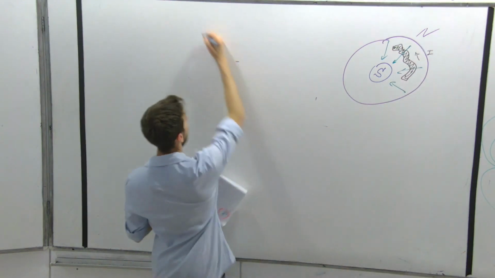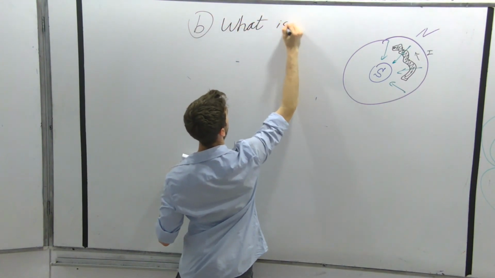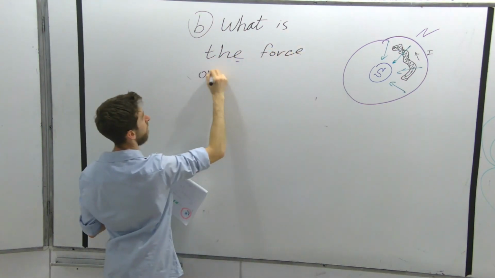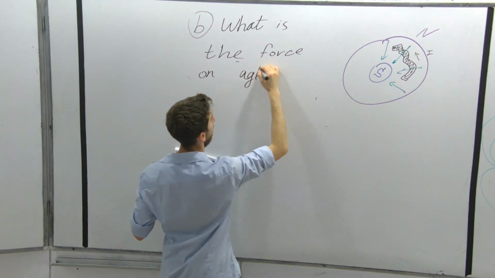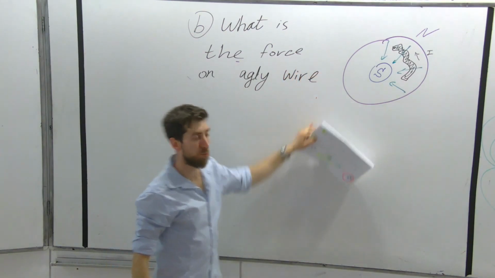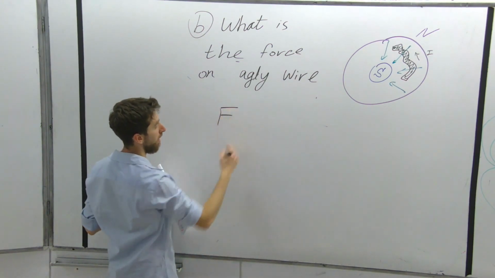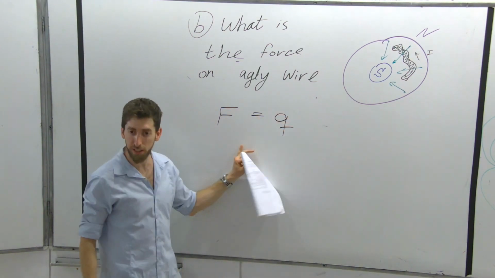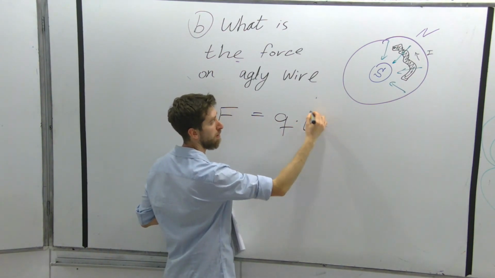So what is the force on, I don't know, the ugly wire? Do you remember what the Lorenz equation was? Let's not do Lorenz, let's do Coulomb. Coulomb was F equals Q multiplied by E. Remember that?